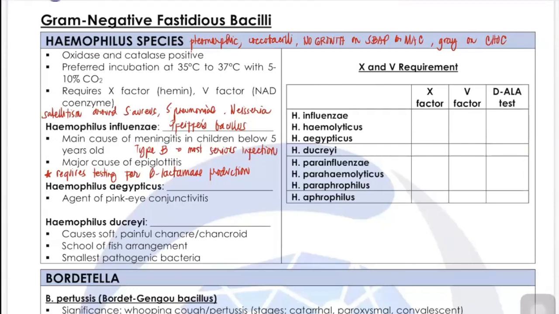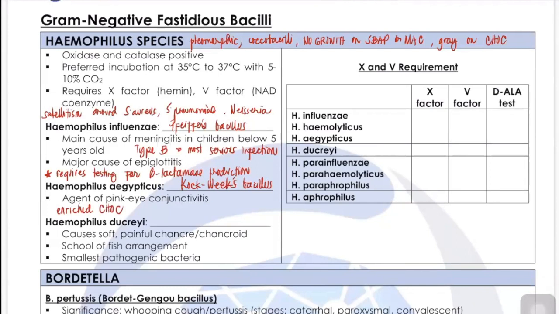Okay? Next, let us proceed to Haemophilus aegypticus. This is otherwise known as the Koch-Weeks bacillus. And of course, this is the agent of pink eye conjunctivitis. Okay? So usually, in order for us to be able to cultivate Haemophilus aegypticus, it requires enriched chocolate agar plate.